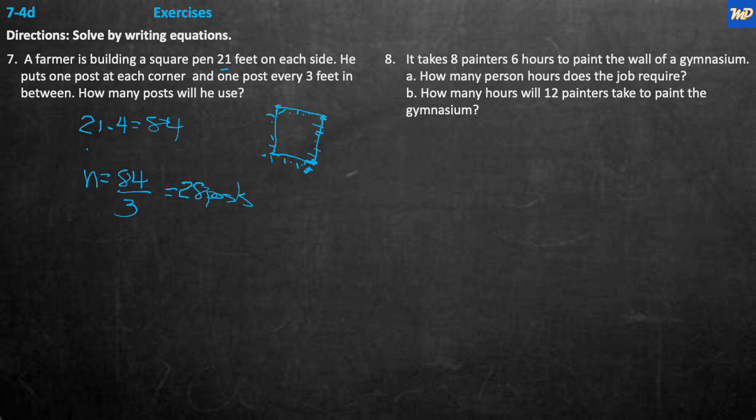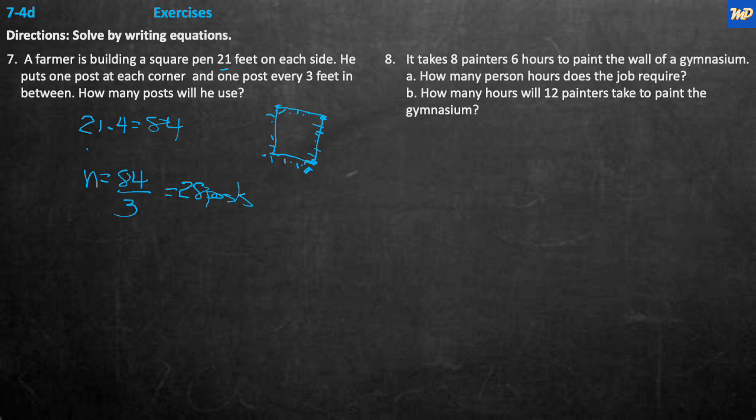Okay, the next problem says it takes 8 painters 6 hours to paint a wall of a gymnasium. A, how many person hours does the job require? So the person hours is the number of hours times the number of people. It takes 6 hours to do the job and 8 people did the job, so it took 8 times 6 person hours.